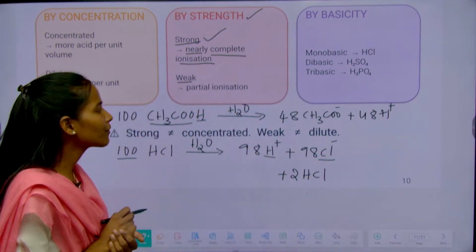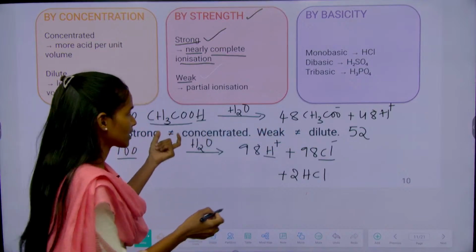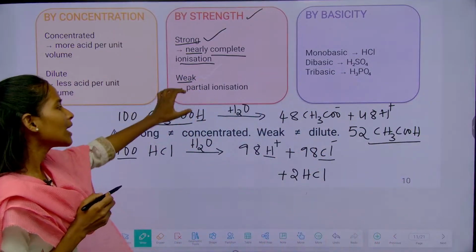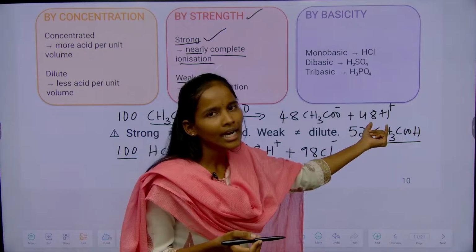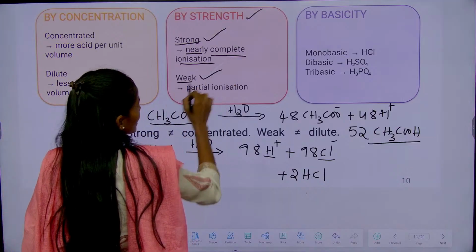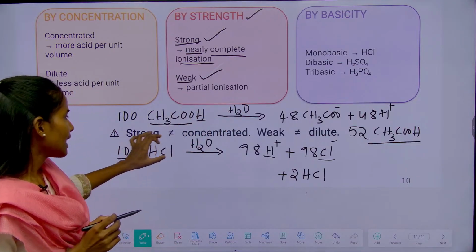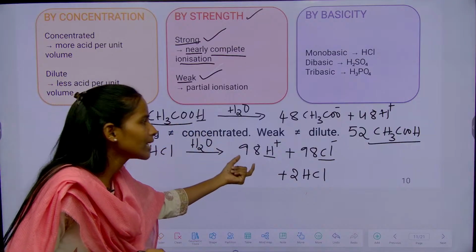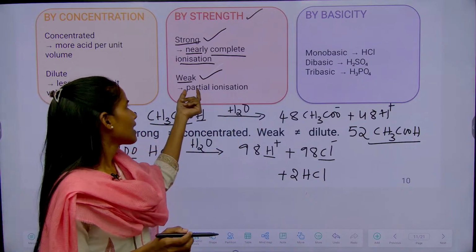The remaining 52 molecules do not undergo ionization, they remain as CH3COOH only. It means only some of the molecules in the presence of water convert into acetate ion and hydrogen H plus ion. Such acids we call weak acids, meaning partial dissociation, partial ionization takes place. If almost all molecules dissociate into their ionic state, we call it a strong acid. If only partial ionization is taking place, we call it a weak acid.